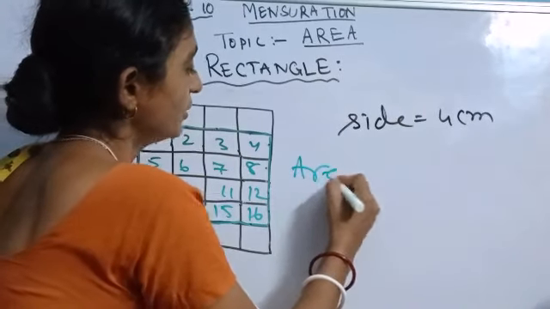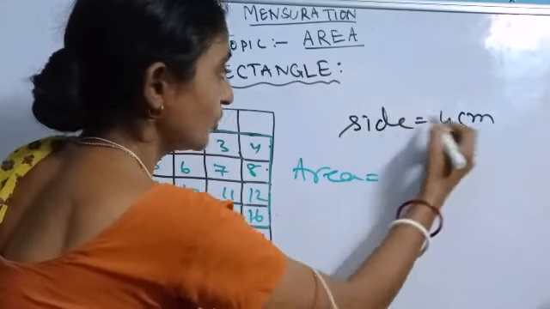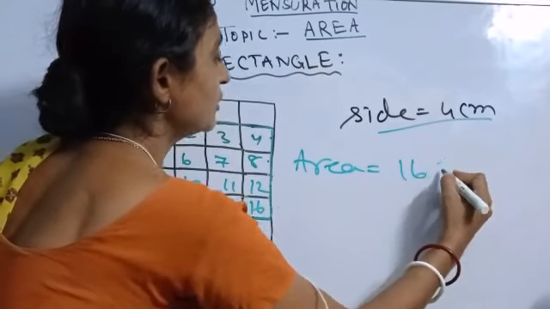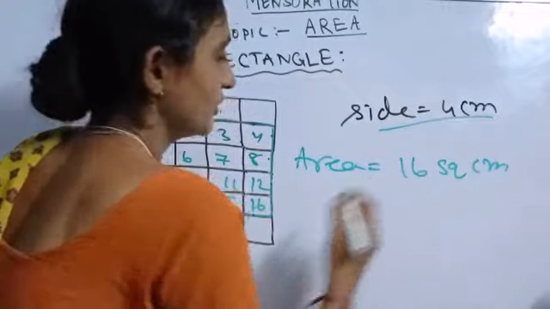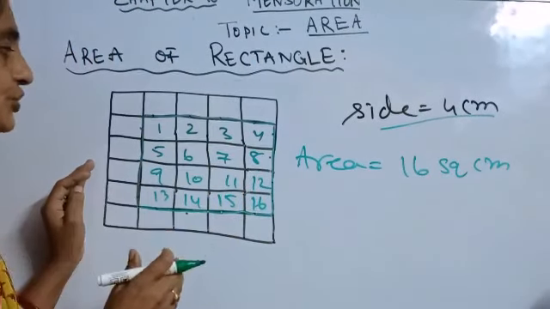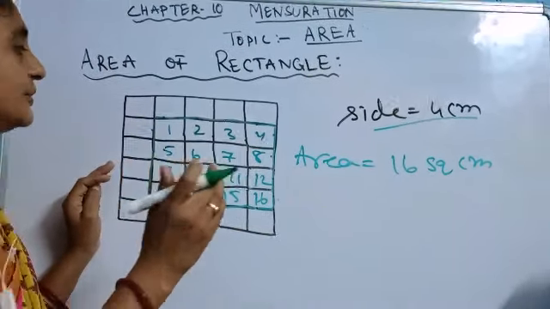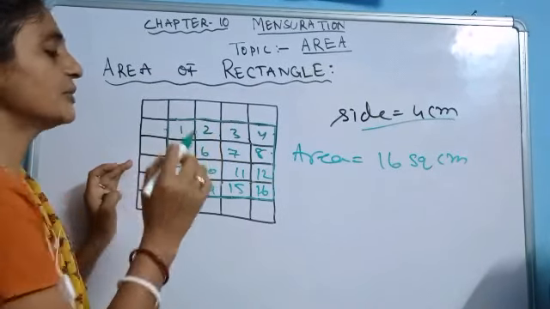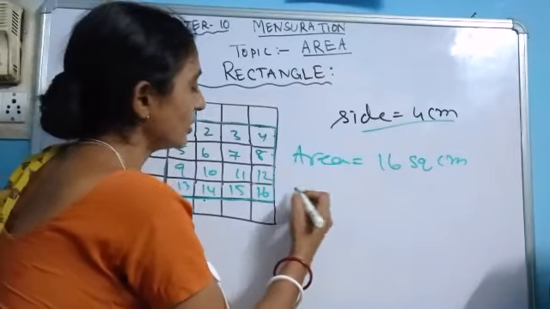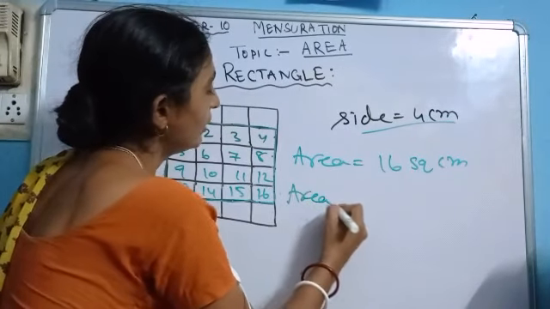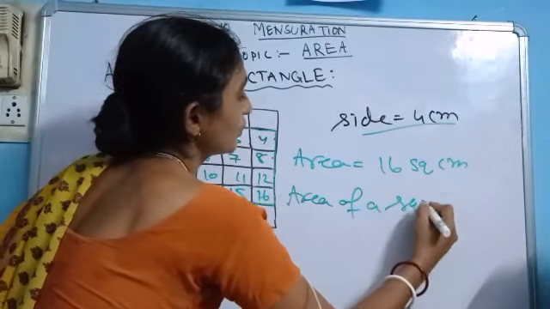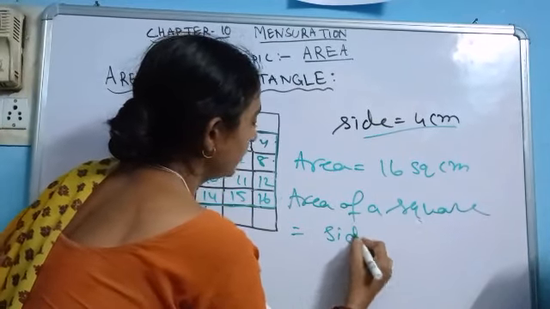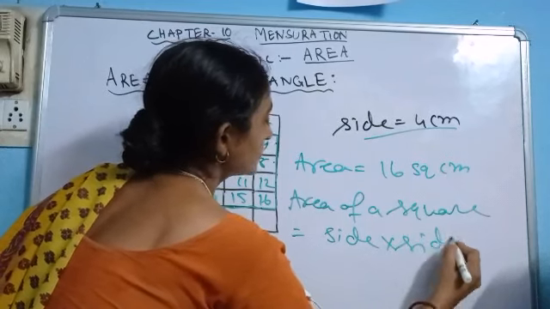So here the area, when the side of 4 centimeter has been given, will be 16 square centimeter. Okay, so by that you might have noticed that both sides have been multiplied. So in short, we can write the area of a square is equal to side into side.